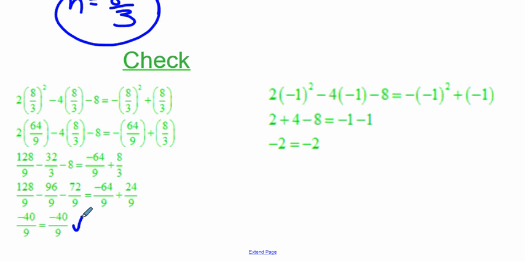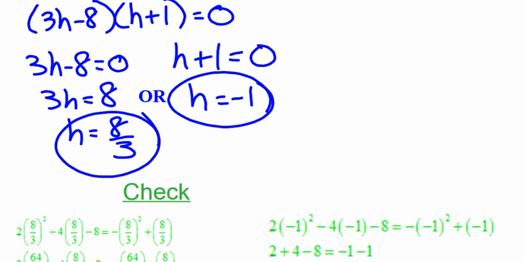The left-hand side of the equation is equivalent to the right-hand side of the equation. By substituting negative 1 into the original equation, again, we can see that it's balanced. The left-hand side of the equation equals the right-hand side of the equation. Therefore, we have two possible solutions for the quadratic equation we were solving for. H equals negative 1 and h equals 8/3.